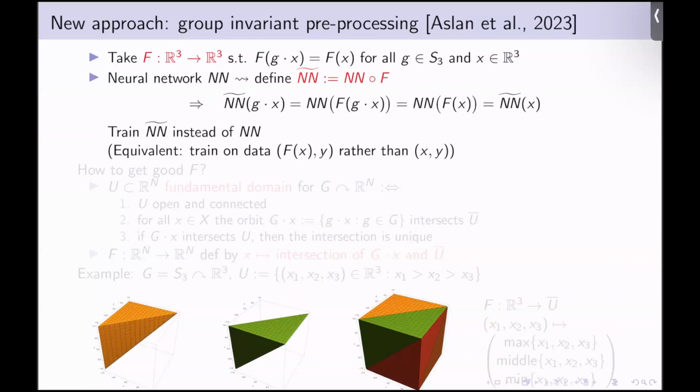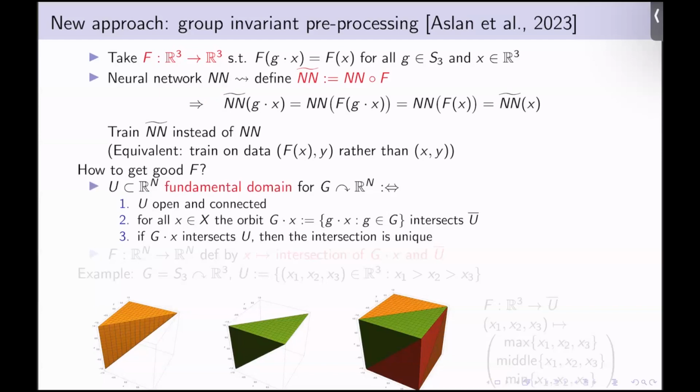Okay, but now, of course, the question you're all dying to have answered is how to get good F. And the approach we take is using fundamental domains. So some subset U of Rn is a fundamental domain for some group action if it satisfies the following properties.